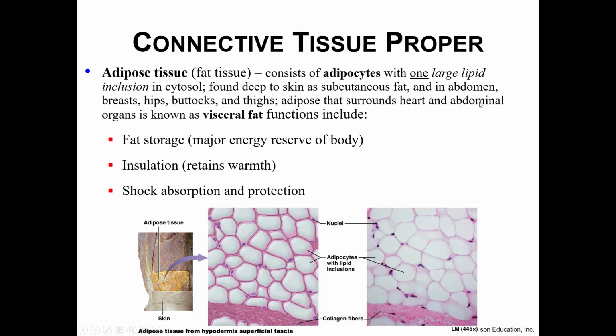But let's be honest, we don't have to necessarily look very hard for adipose. We've got it in your abdomen, breasts, hips, buttocks, thighs. We usually don't have a hard time finding examples of adipocytes. Adipose that surrounds your heart and your abdominal organs, we call this visceral fat. And these adipocytes are used for energy storage, insulation, shock absorption, protection, things like that.